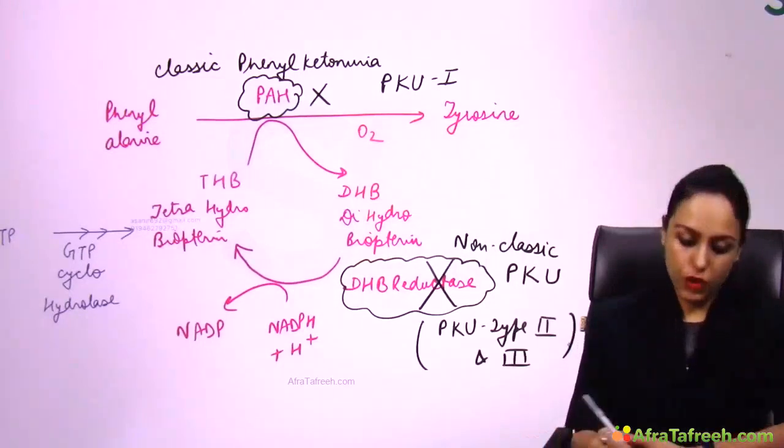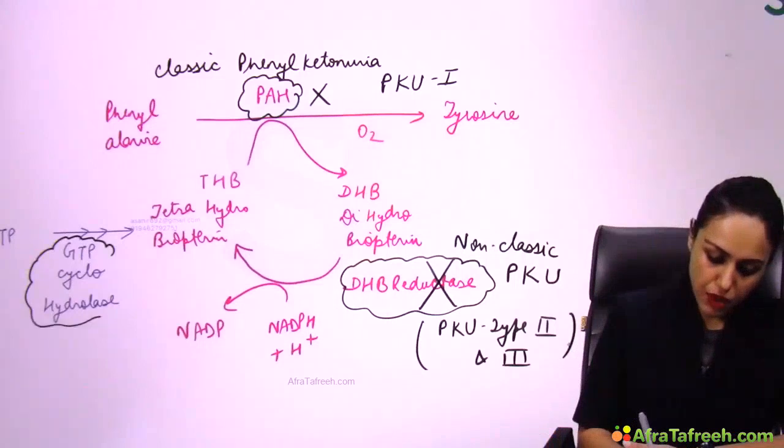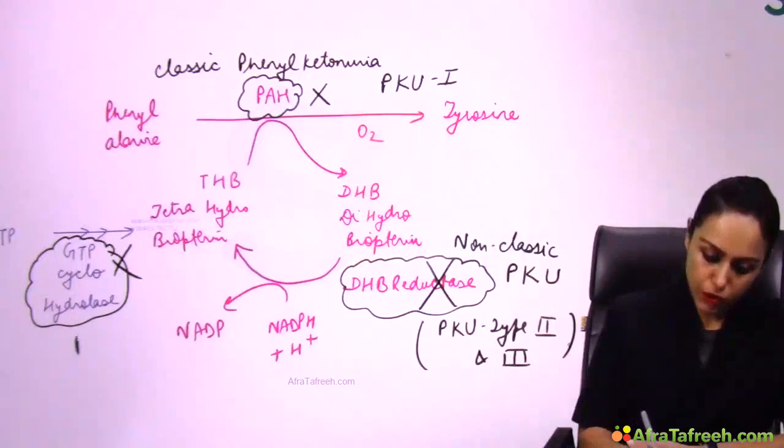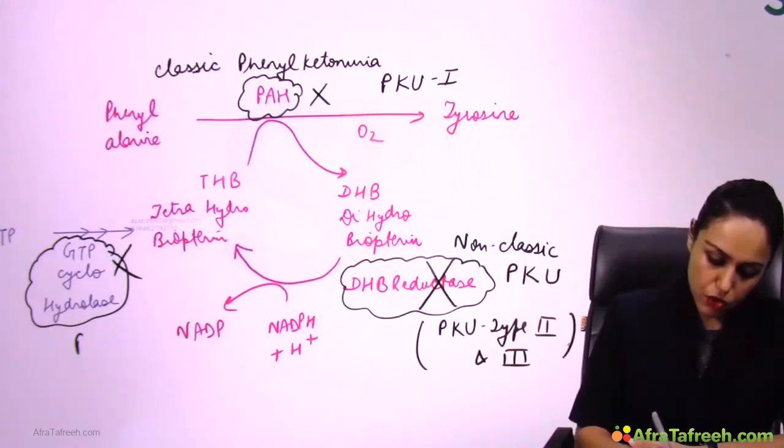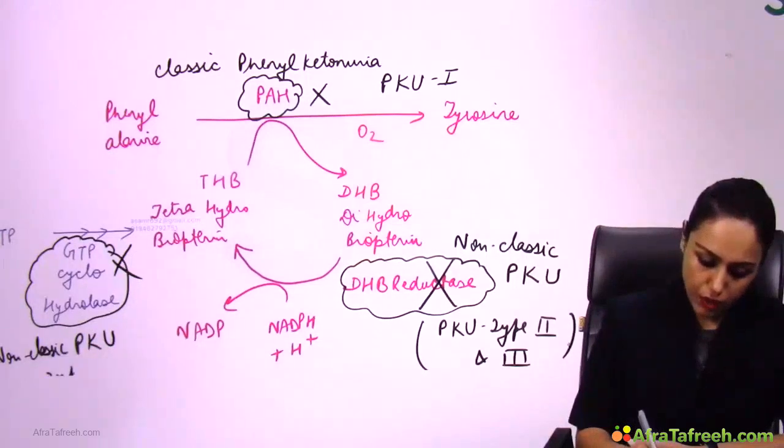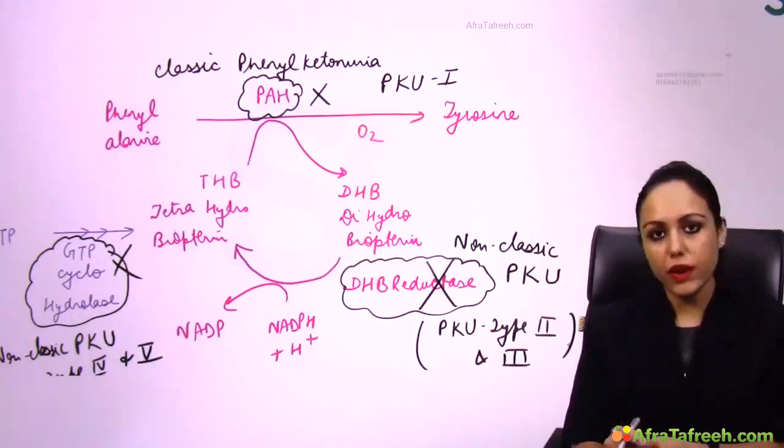Right? Now, GTP cyclohydrolase deficiency will also lead to non-classic phenylketonuria, or type 4 and type 5 phenylketonuria, right?